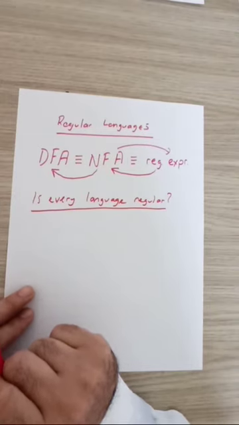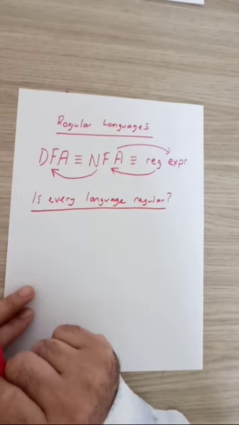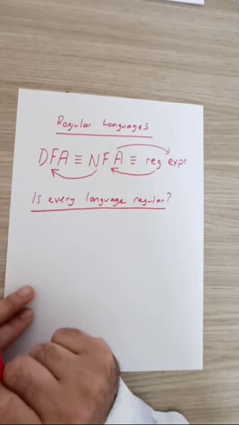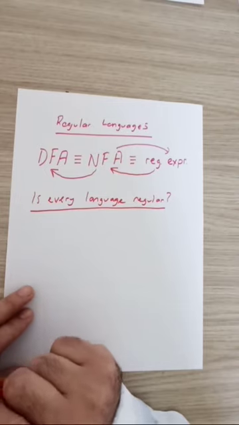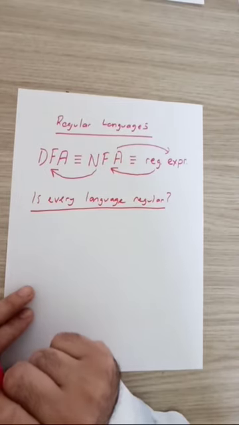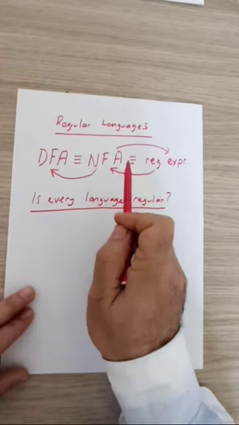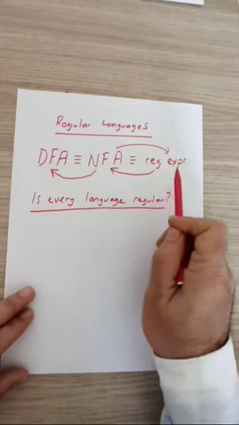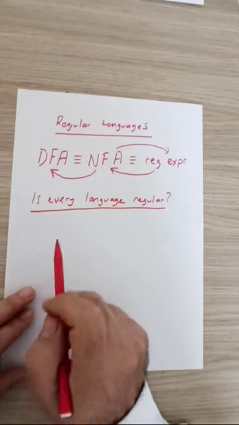But the next question then is, how do we understand whether a given language is regular or not? Or in terms of computational problems, if we are given a computational problem, how do we know if that problem is simple enough to solve using one of these computational models?